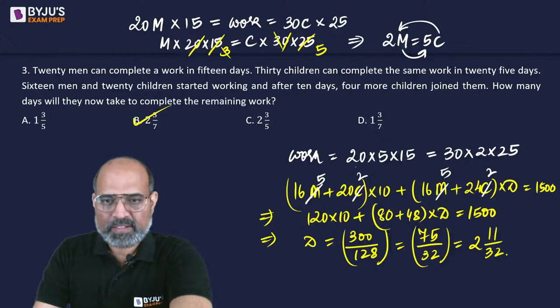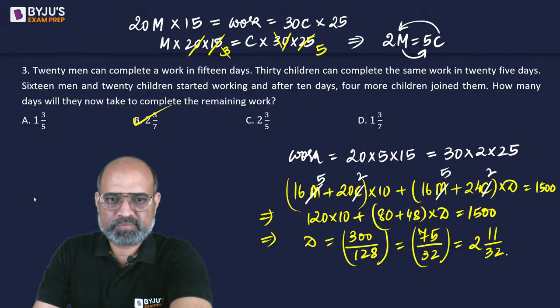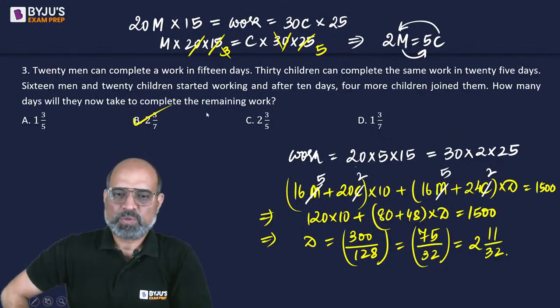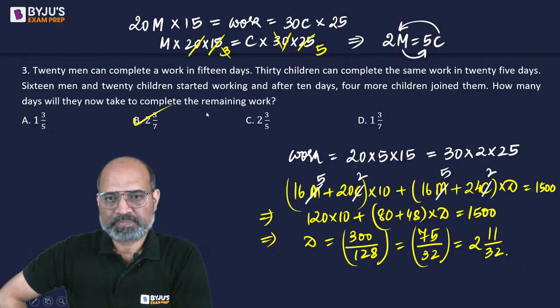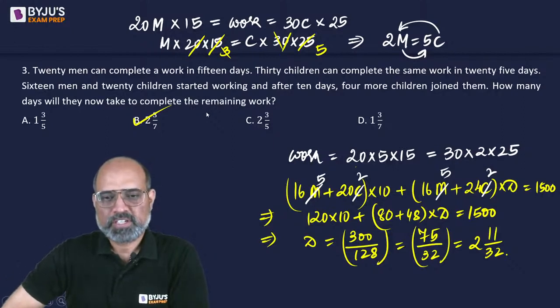Okay, hold on. Instead of 2 men, if we have 3 children, 5 children.